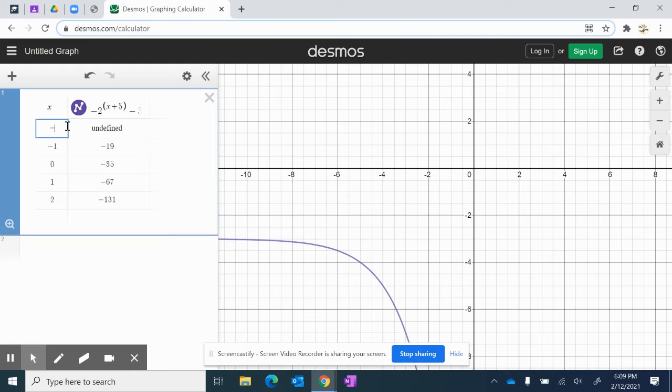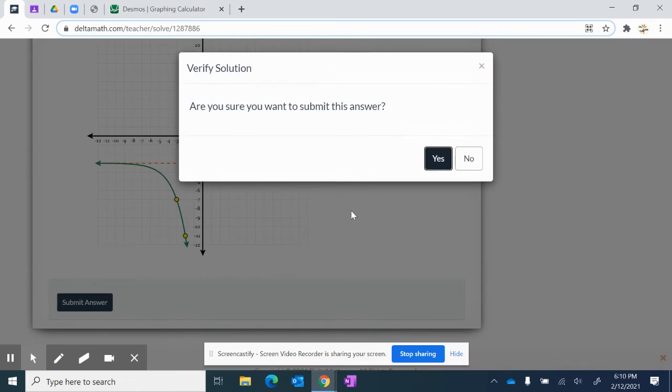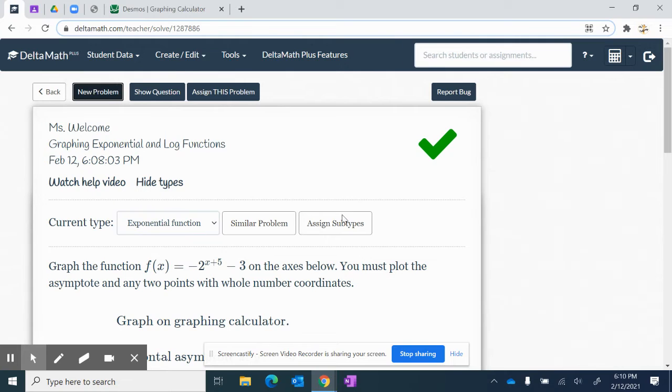So I can change -2 to a -3, and then it gives me that y value automatically. So you can change any of these numbers in the x, and it will automatically give you that y value, which is super, super nice. So I can also use the point -3, -7. And then I should be good to submit that. And there you go.